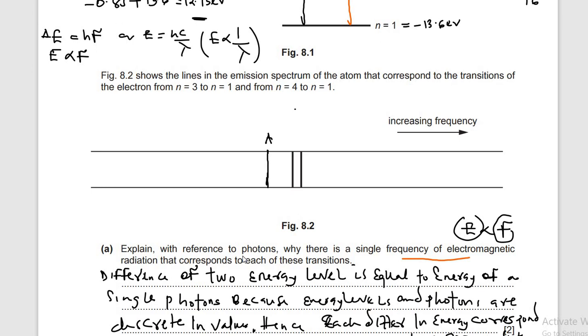This is A. And this is B, which will be a bit further apart from the pair. This is what they are asking us to do.